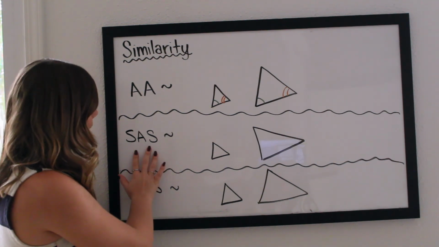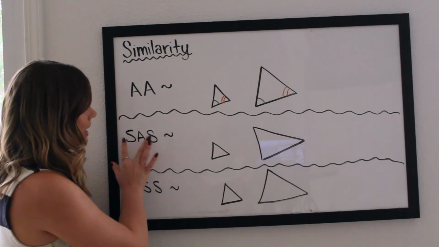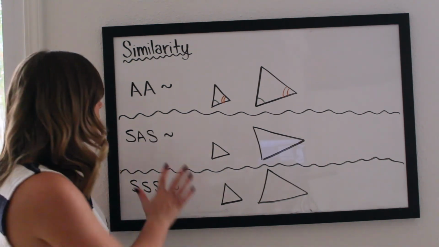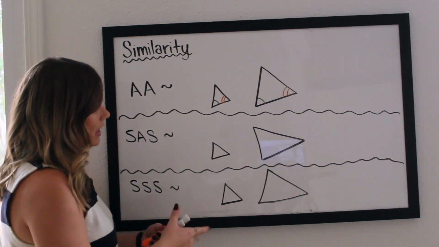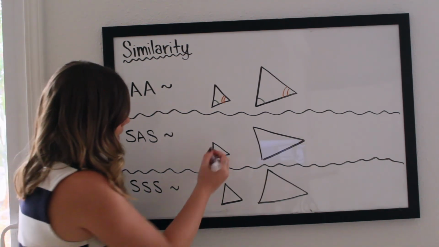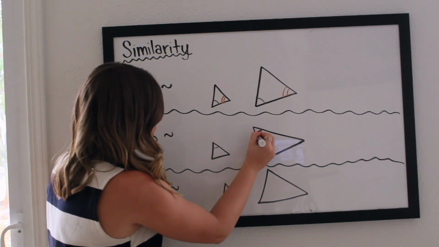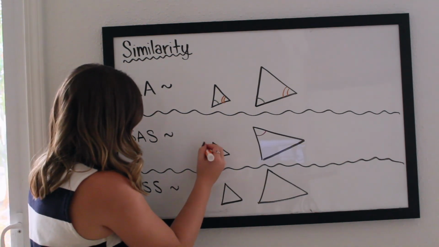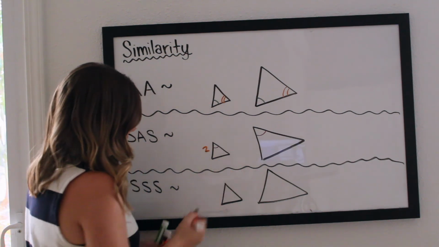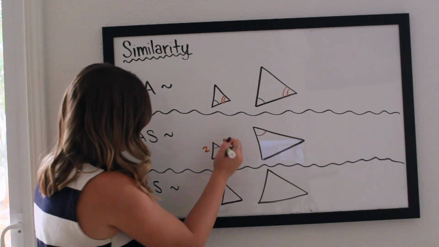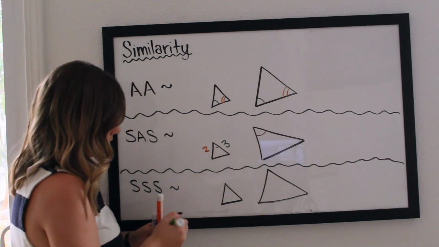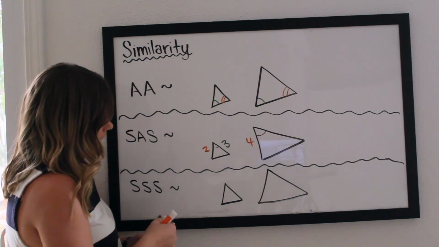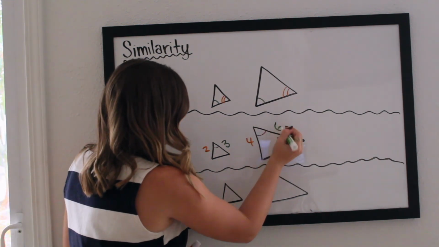All right, if we had side angle side, it means we have two pairs of sides that correspond and have the same scale factor, and the angle between them is congruent. So what that would look like is if I knew that this angle was congruent to this, and let's say that this length was 2, this length over here was 3, and this length was 4, and that length was 6.